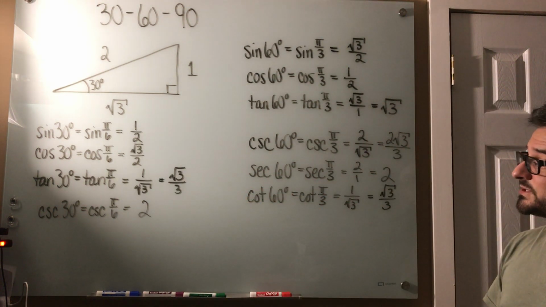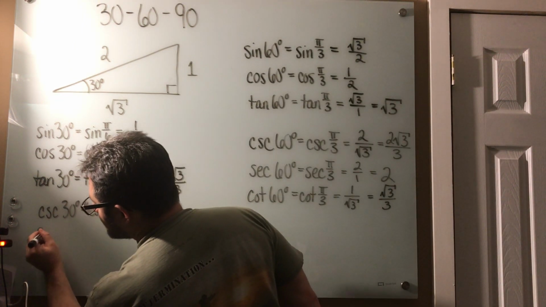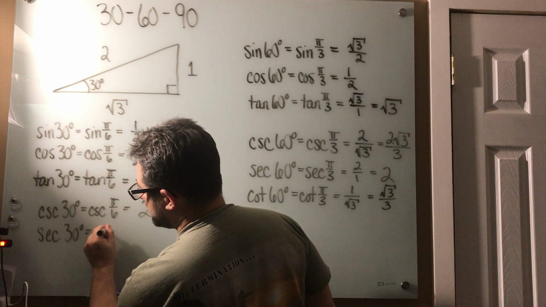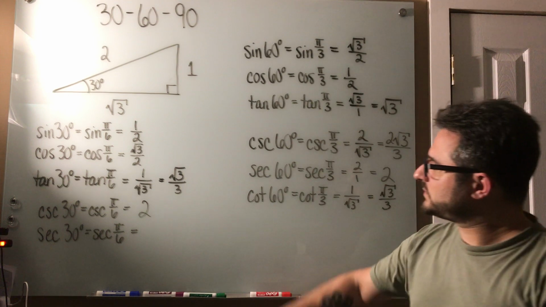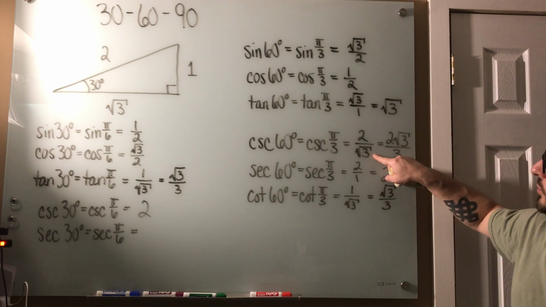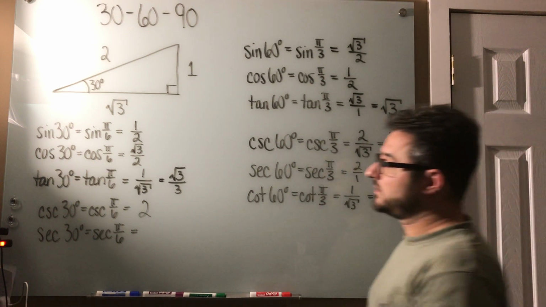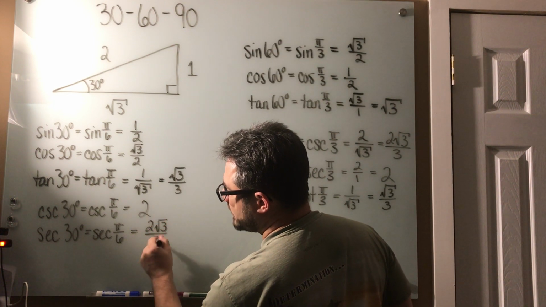If we use that relationship, it can save us a bunch of time here. The secant of 30 degrees then, or the secant of pi over 6 radians, should be equal to the cosecant of 60 degrees, 2 over root 3, which rationalizes. It's 2 root 3 over 3.